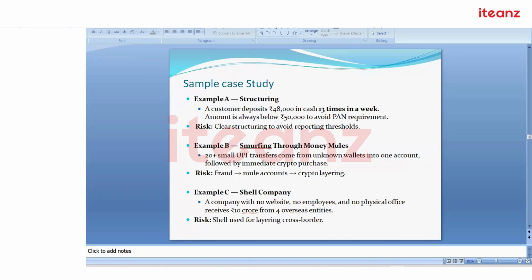So suppose I have 5 lakh rupees and I want to deposit it in the bank. If I put in 5 lakh rupees, I have to give PAN and my name will come in the list. So instead, some months I'll put 40,000, 30,000, 48,000, 45,000. This is below 50,000, so that I do not come into their radar. This is called structuring.